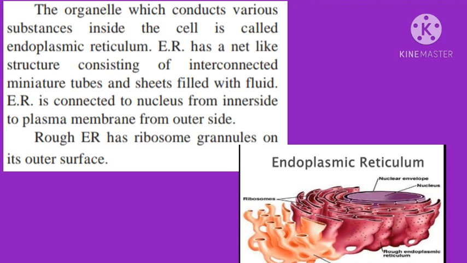Endoplasmic reticulum is of two types: rough endoplasmic reticulum and smooth endoplasmic reticulum. Rough endoplasmic reticulum has ribosome granules on its outer surface. You can see in the picture the tubular structure having dots on the outer surface, that is called rough endoplasmic reticulum, and the tubules without spots on the outer surface are smooth endoplasmic reticulum.